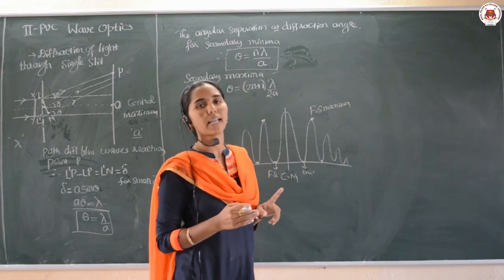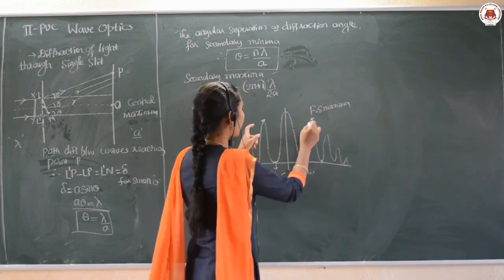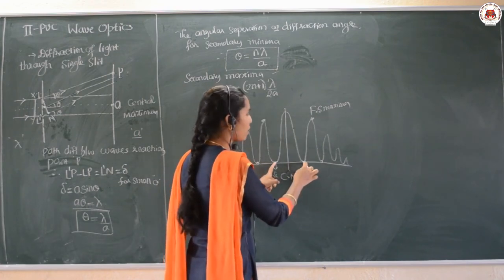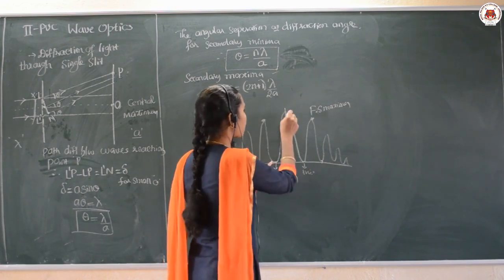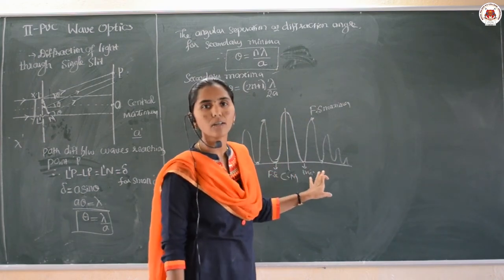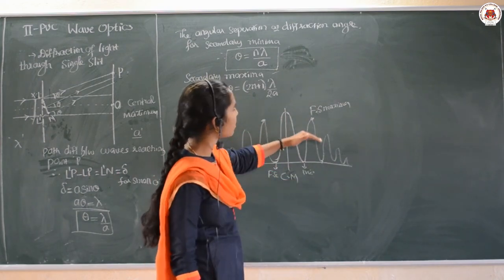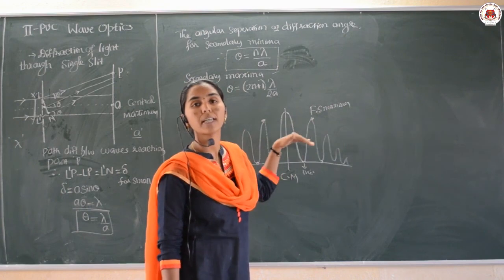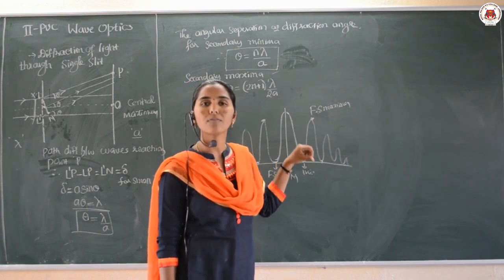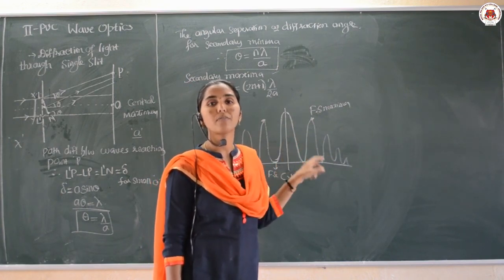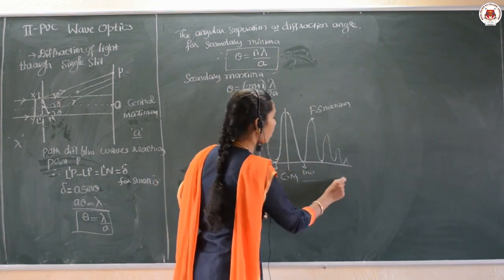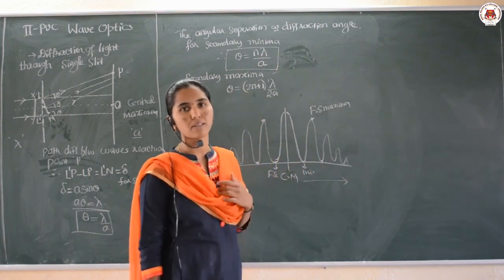First secondary minima means exactly beside the central maxima. Like this you can see the decrease in the amplitude, showing us that the intensity of the diffracted fringes goes on decreasing as you move away from the central maximum.